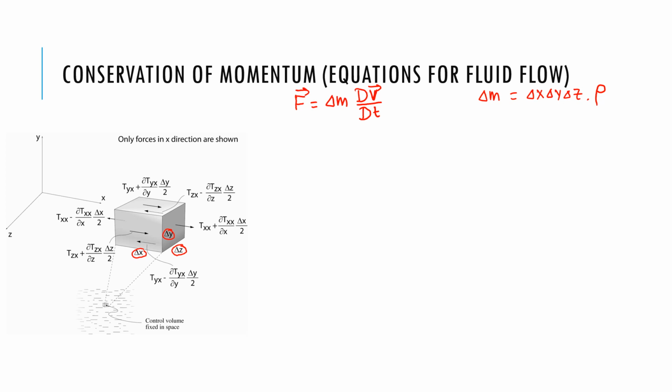So if I divide throughout both sides by volume, so my volume is this delta x, delta y, delta z, then I can write the force per unit volume is equal to density times the derivative of the velocity.